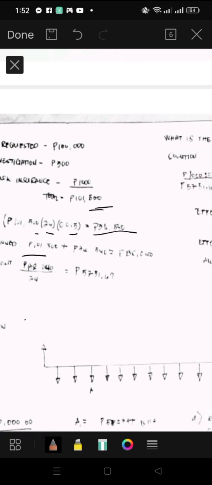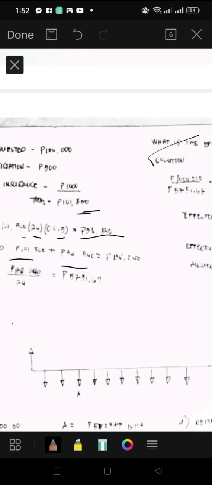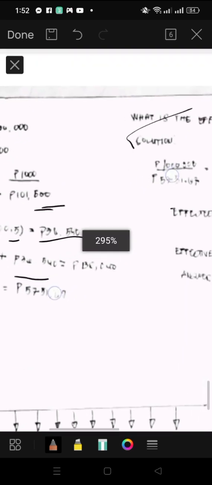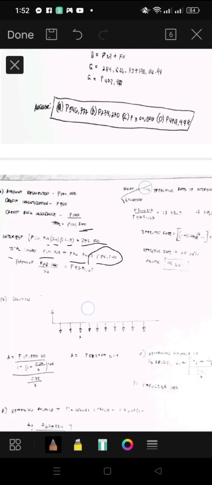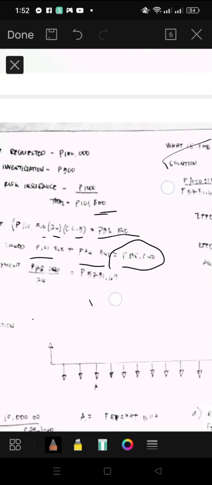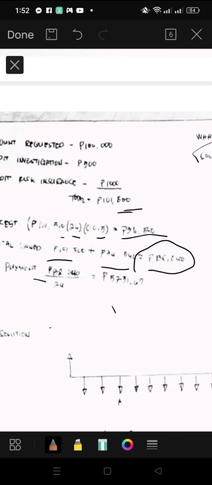So the payment P is 138,040 over 24, which is equal to 5,751.67.